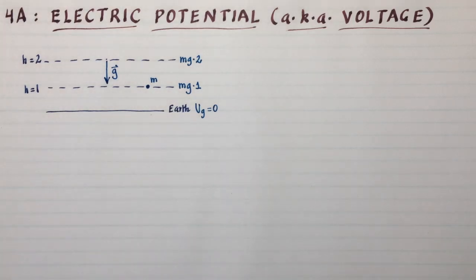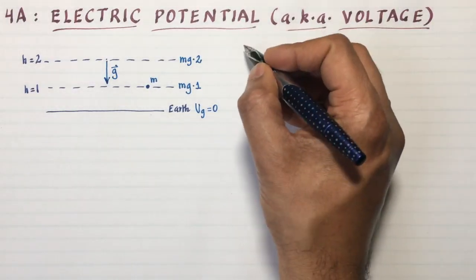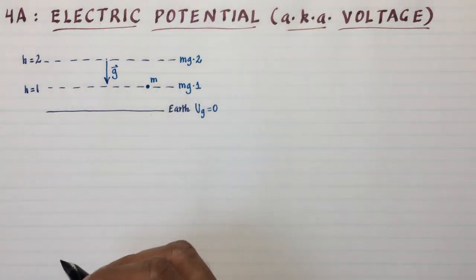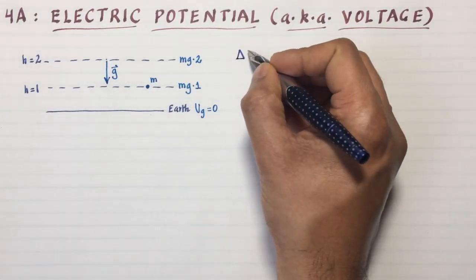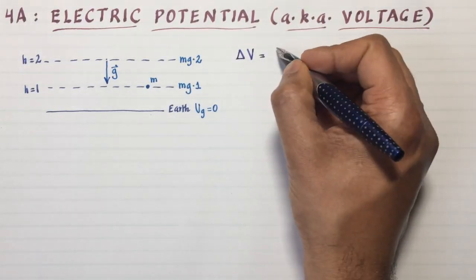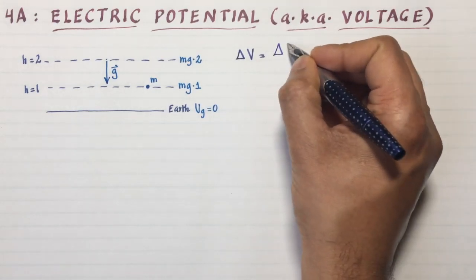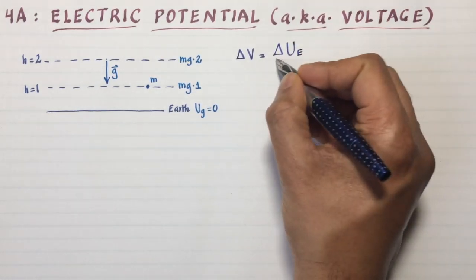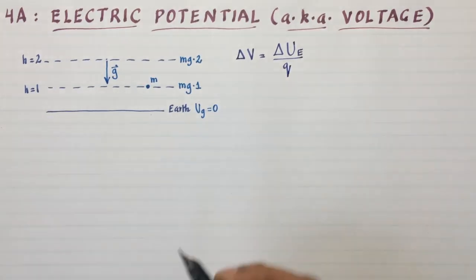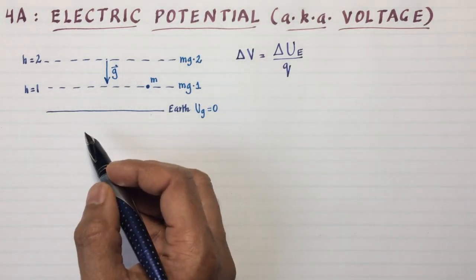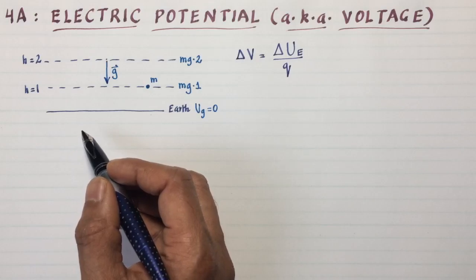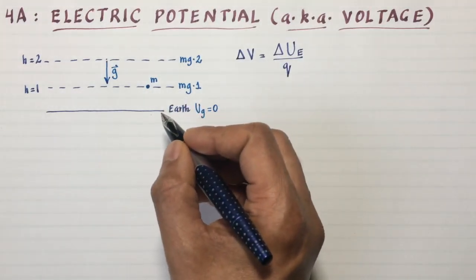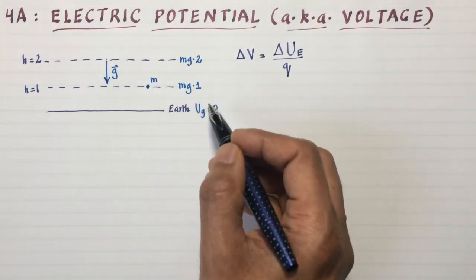The precise analogy of potential does not exist for the gravity example. But for the electricity example, the change in potential is given by the change in potential energy per unit charge. If you think about the gravitational analogy, the change in the gravitational potential, delta V gravitational, would be equal to delta U gravitational divided by mass.